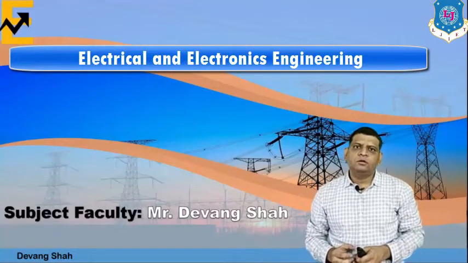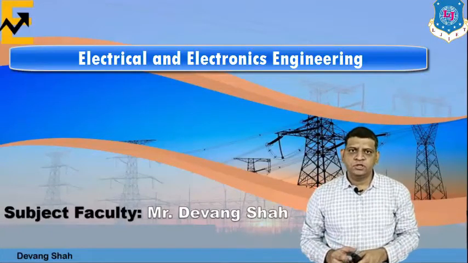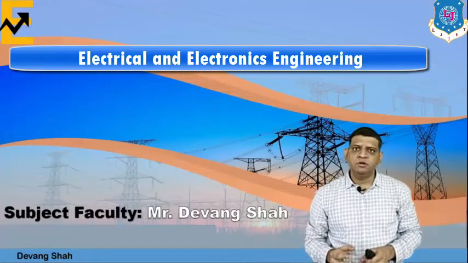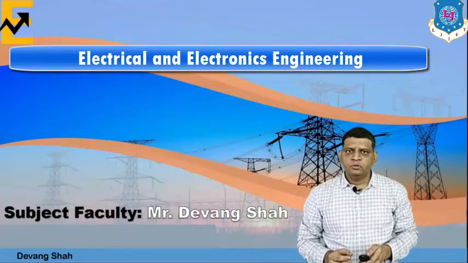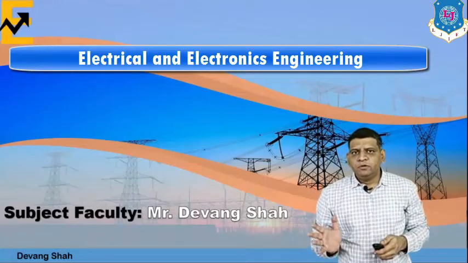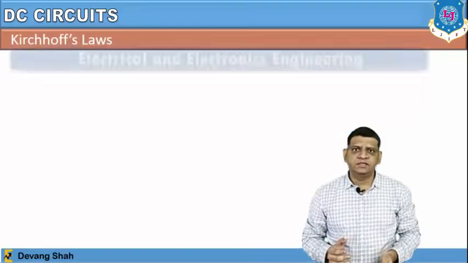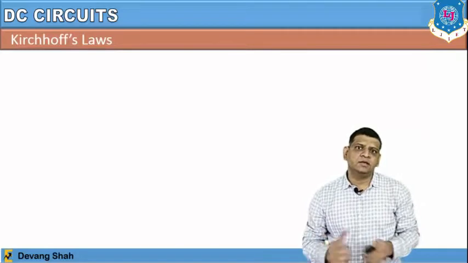So far we have been learning this particular subject which is called Basic Electrical Engineering, and the subject code is 3110005. In our previous session we discussed Chapter 1, which is called DC circuits.